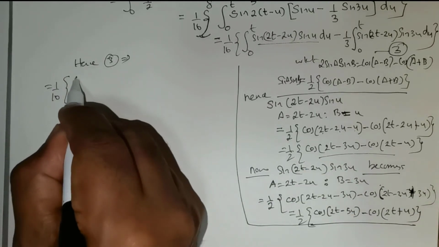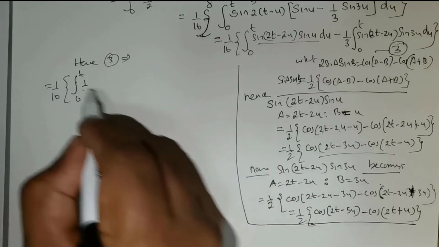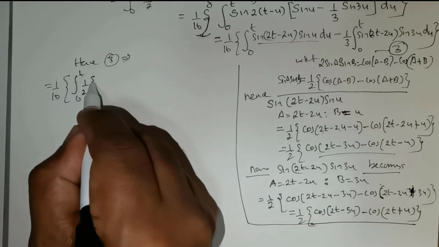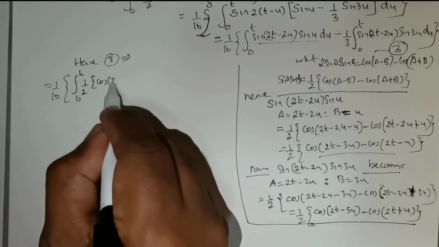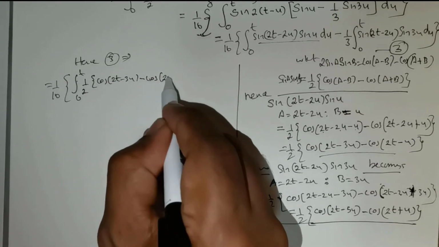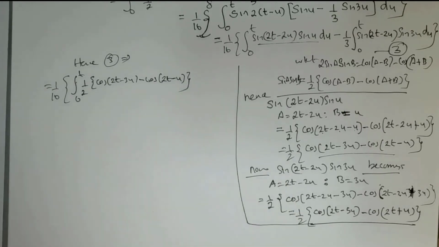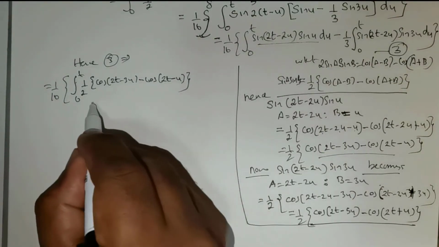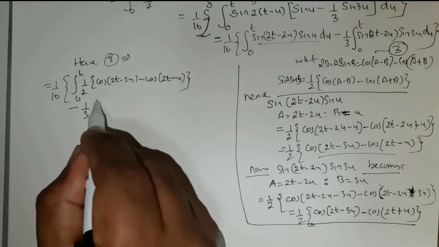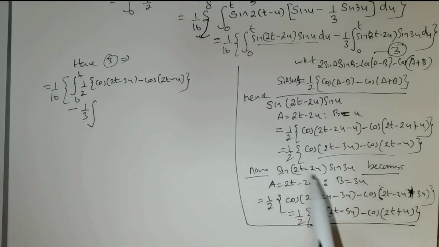So the integral from 0 to t of 1 over 2 times cos of 2t minus 3u minus cos of 2t minus u, followed by minus 1 over 3 times, instead of this, I will have to replace this.